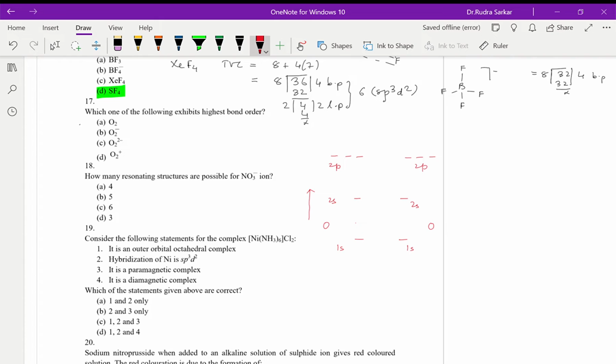axis. So when 1s and 1s combine, there are bonding and anti-bonding orbitals. So this is the anti-bonding, this is bonding, this is bonding, and this is your anti-bonding.